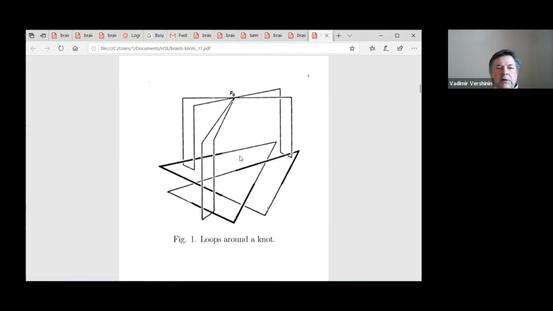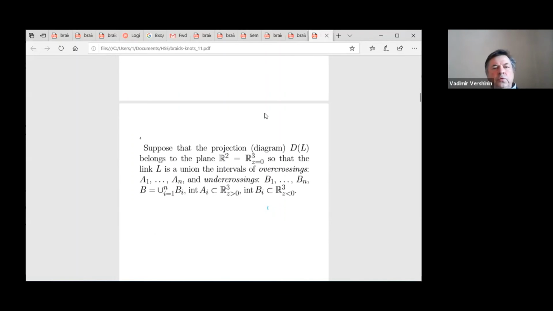Let's just consider that point pi 0, and you consider the loops which are going in the complement of a knot.